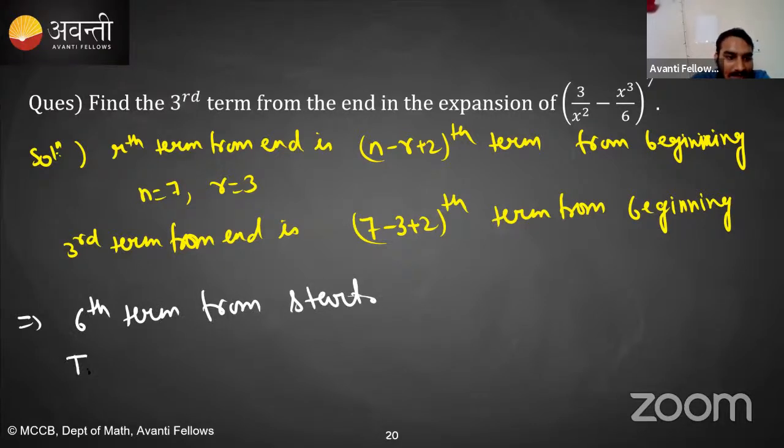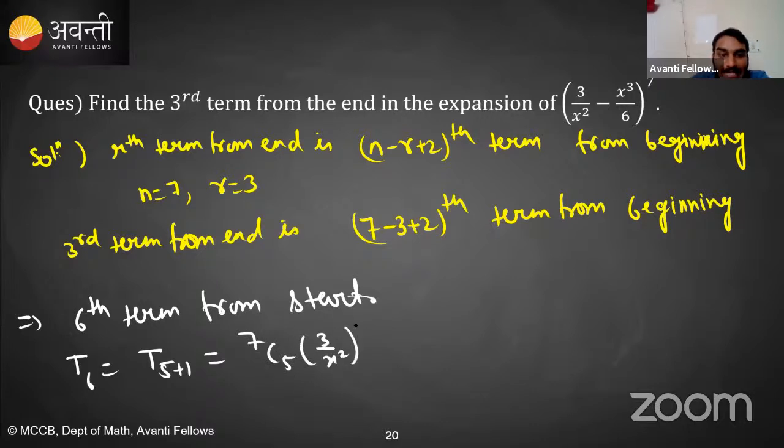It means T6 = T(5+1), which is equal to 7C5 (3/x^2)^(n-r), so 7 - 5, into y, where y is (-x^3/6) raised to the power r. So this is the third term from the end. Is that clear, everyone?